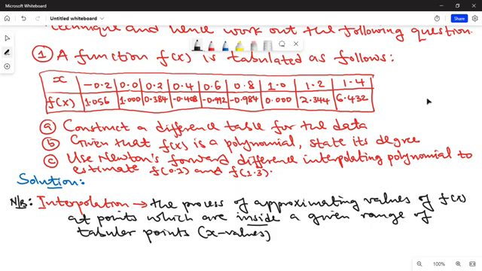In that case, we now don't talk of interpolation, but we call it extrapolation. So the difference between interpolation and extrapolation is that interpolation, you are predicting the values of f of x at points which are inside a given range of tabular points. Extrapolation is predicting the values of f of x at points which are outside a given range of tabular points. So that's the difference between the two.